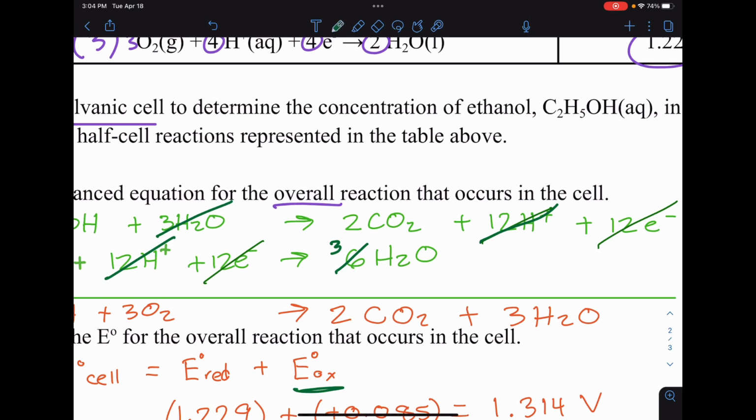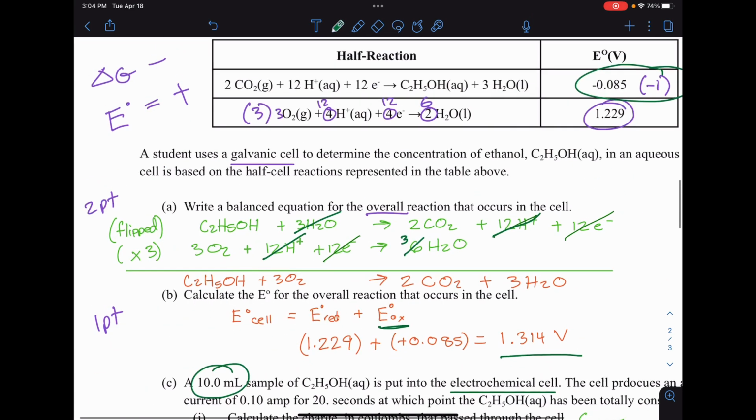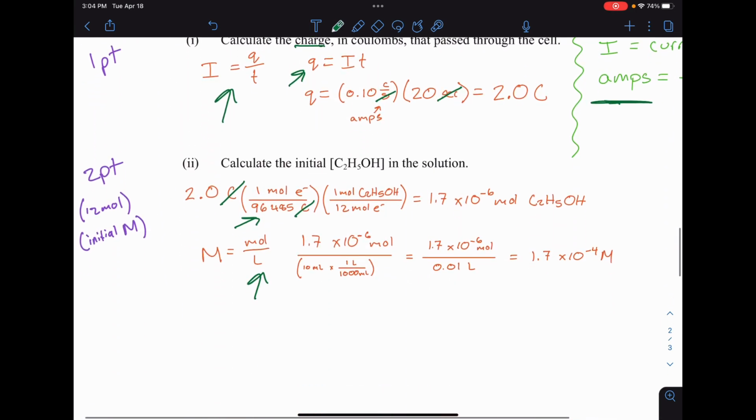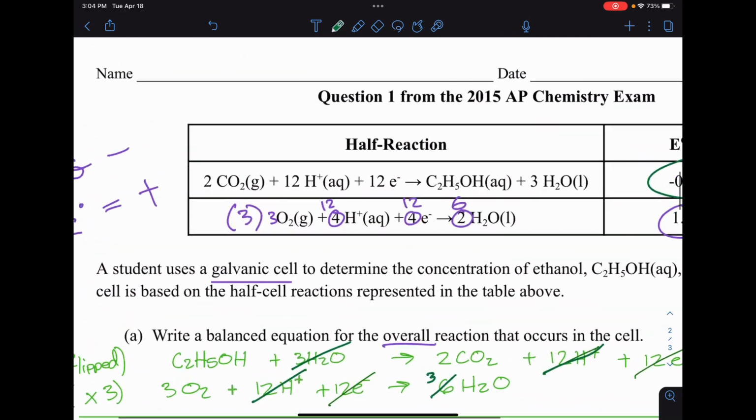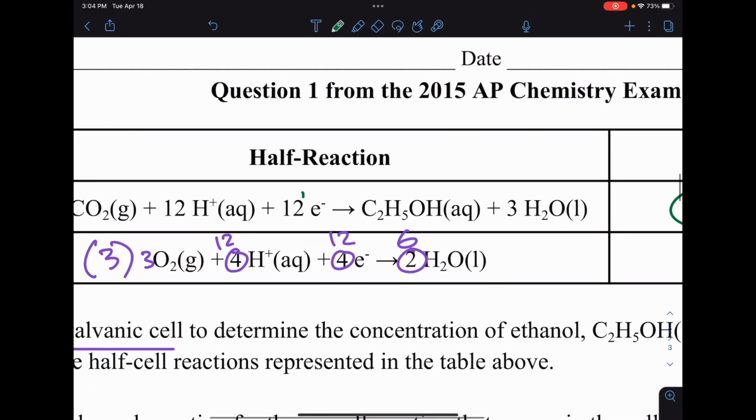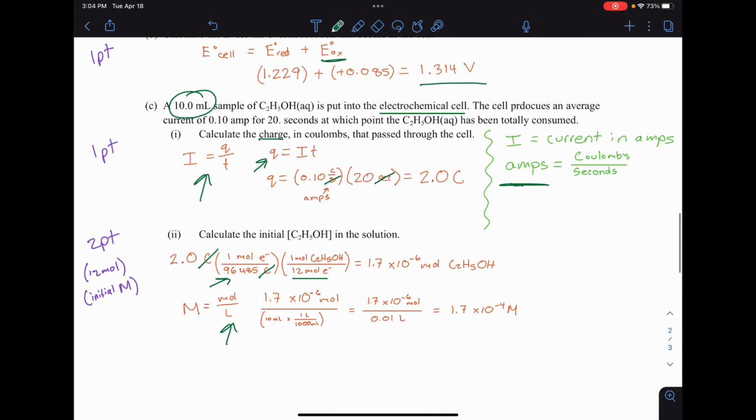Every time the reaction happens per mole, you've got 12 moles of electrons. So this right here, using 12 moles of electrons per 1 mole of the C2H5OH, you could also just look at the half reaction up here. Here's our 12 to 1 coefficient. That's the mole ratio we're looking at. That was actually worth 1 point down here in this last part.